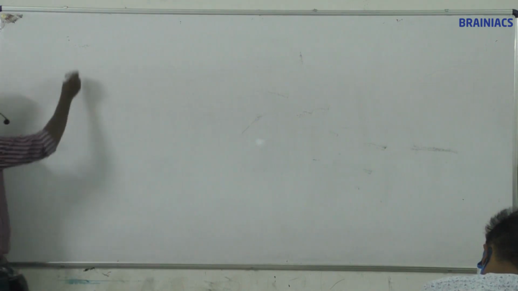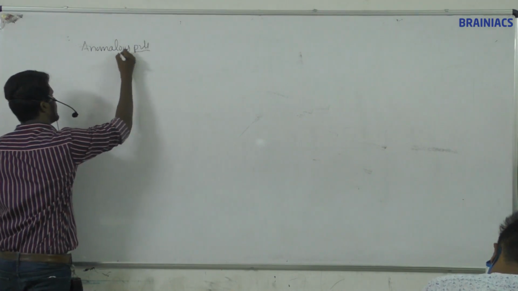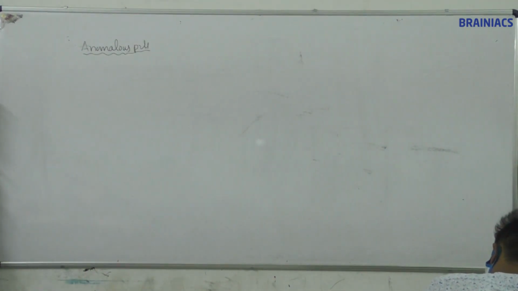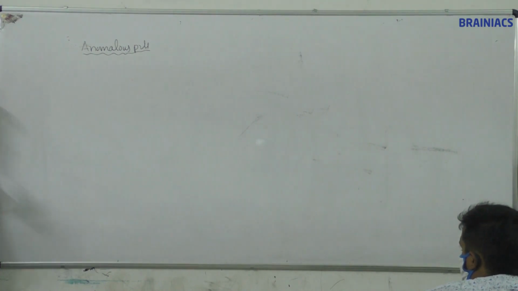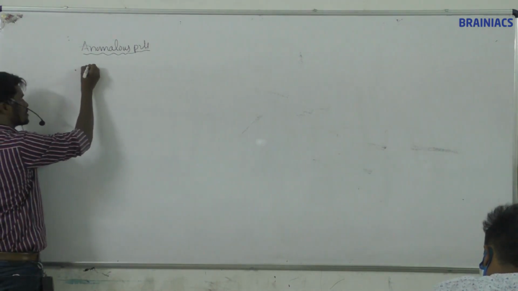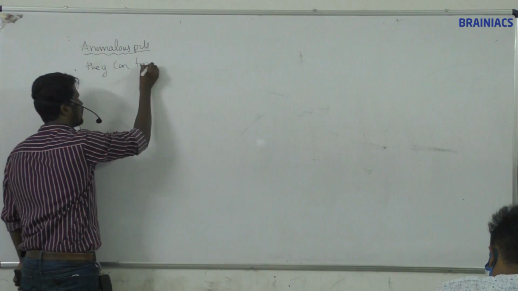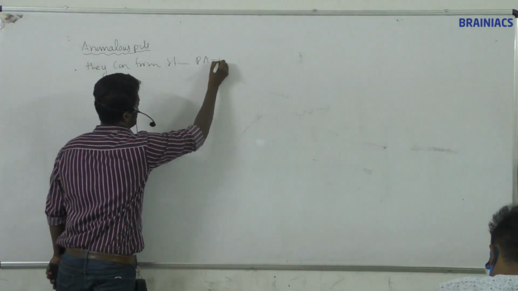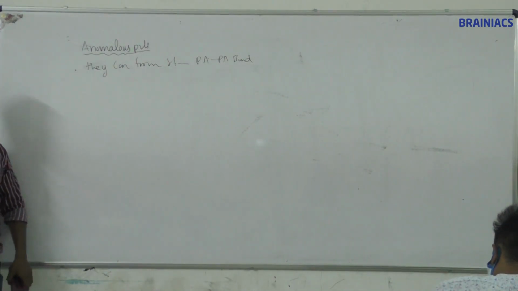So what are the basic anomalous properties? What are the general properties shown by the boron family and carbon family? What are the anomalous properties of boron and carbon? All these elements generally can form strong p-pi bonds.